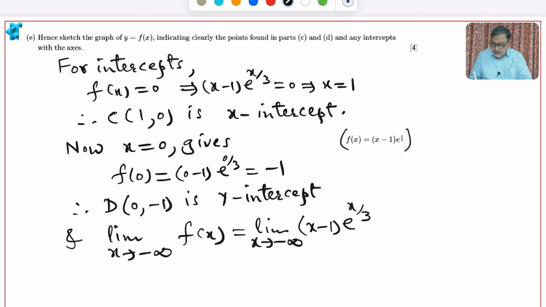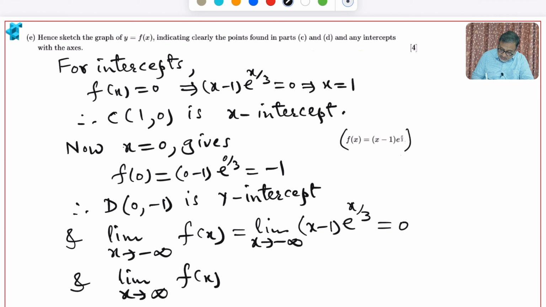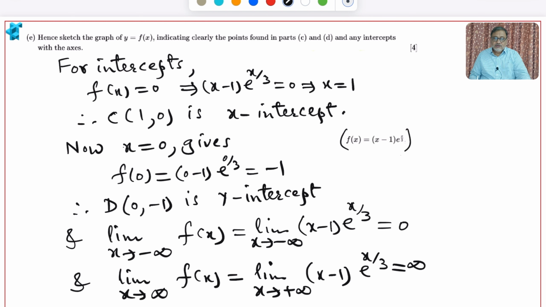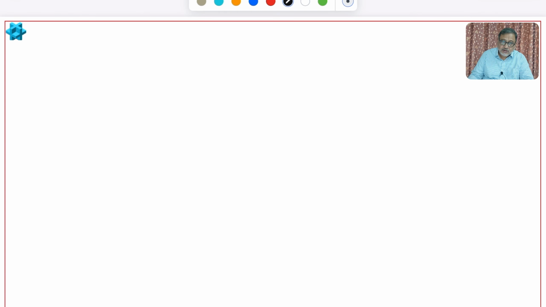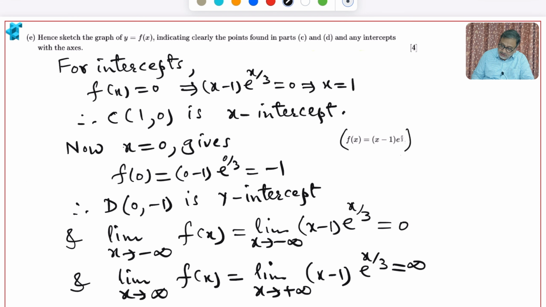When we substitute negative infinity in place of this, negative infinity will make it 0, so it is equal to 0, and when we substitute limit x tends to positive infinity in f of x, x minus 1 e raised to x by 3 will become infinity. Okay, so our graph will extend from 0 to positive infinity, right? So including all these points.